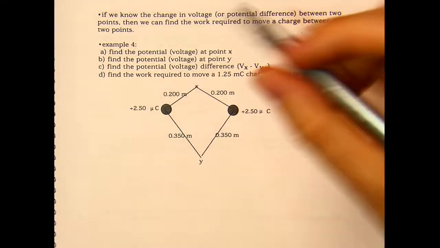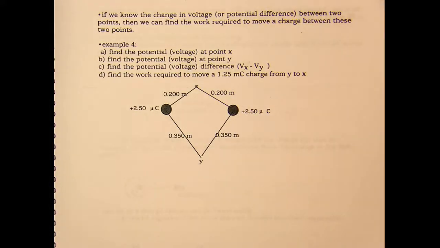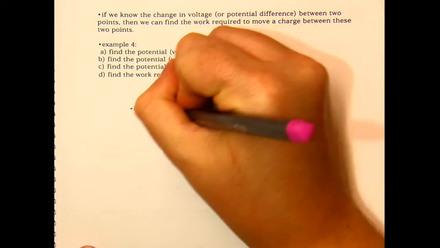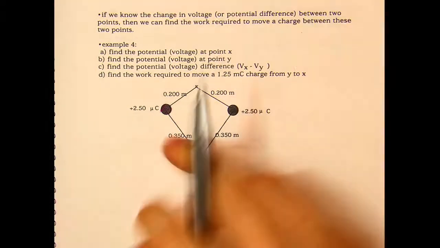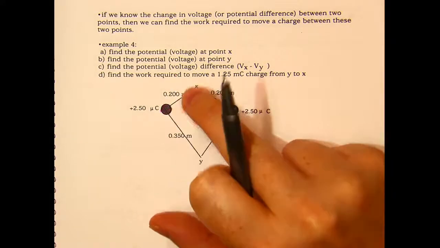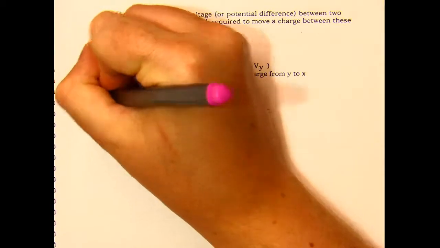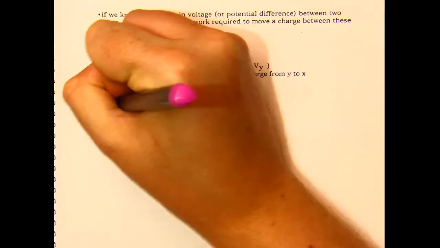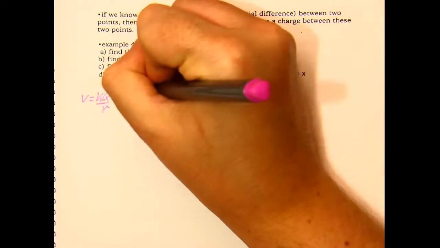So we want to find the voltage at point X and the voltage at point Y. I'm going to do this in 2 different colors. I'll do this guy in pink. I don't know if you can see that. Whatever. So I'll find the potential for this guy at X. It's going to be given by V equals KQ over R. So we have 9 times 10 to the 9.